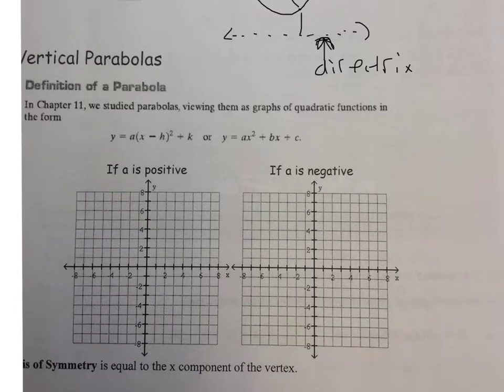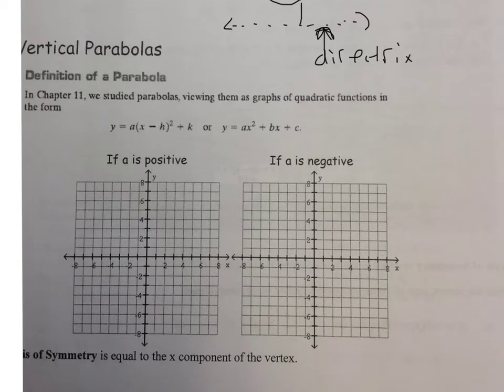And the different forms. We have a form here, y equals a times (x minus h) squared plus k. That is standard form. And you have general form, which is y equals ax squared plus bx plus c.